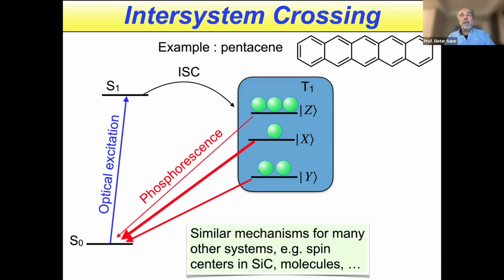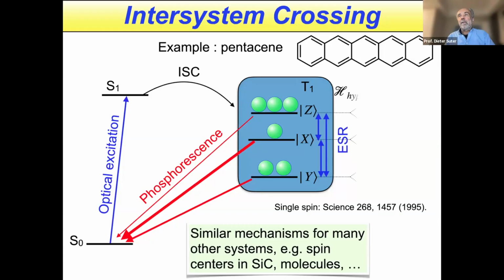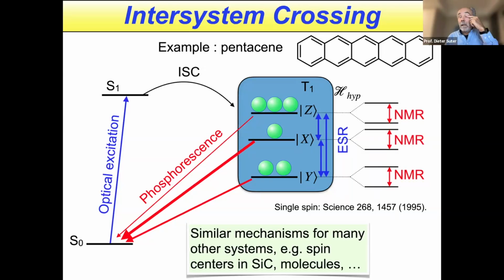So you get different intensities from them, and you get different populations. And by applying microwave fields, you can measure ESR from the excited state, and you can also get polarization on the nuclear spins, like carbon-13, for instance, and measure NMR transitions.